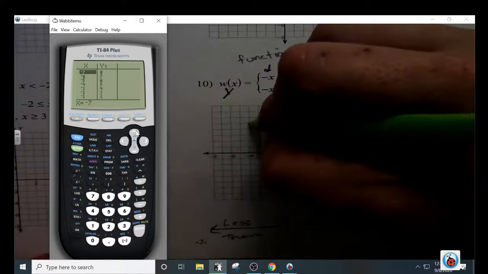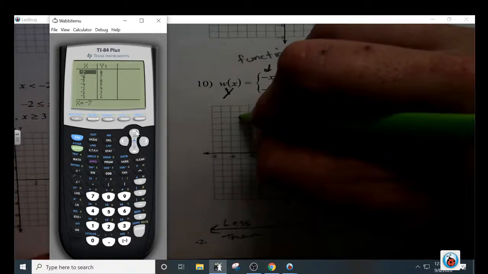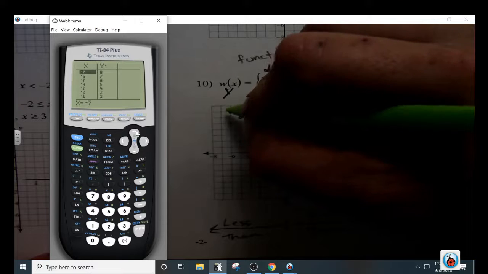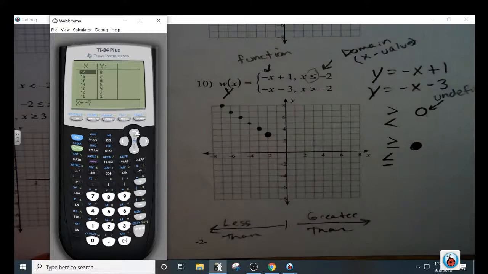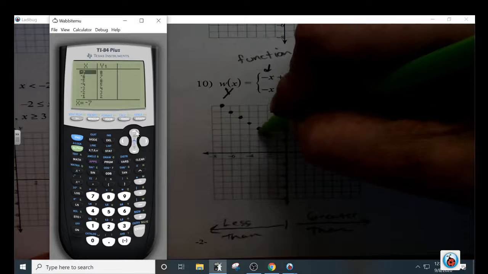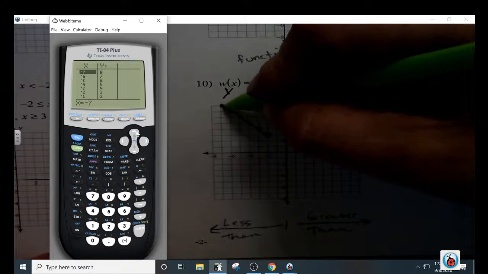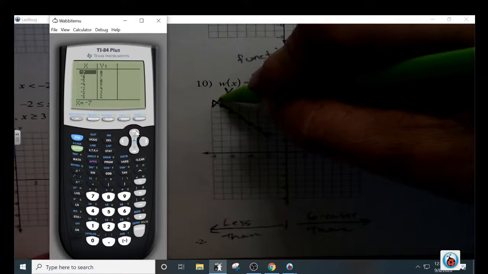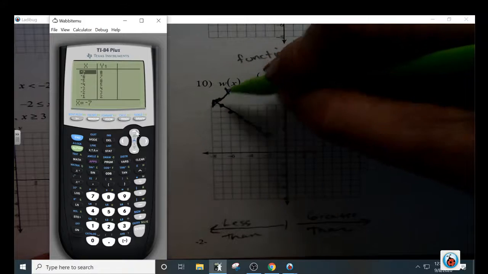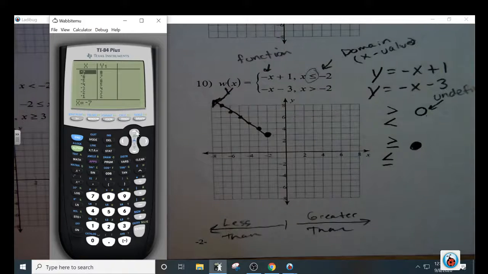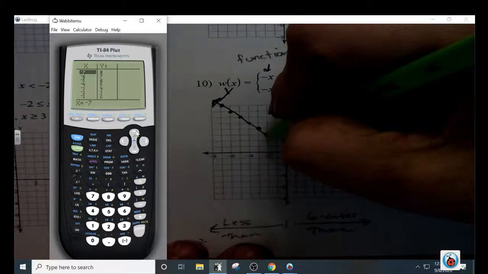Negative 4, 5. Negative 5, 6. Negative 6, 7. All right. Guys, make sure you put an arrow on the end. That's your first piece.